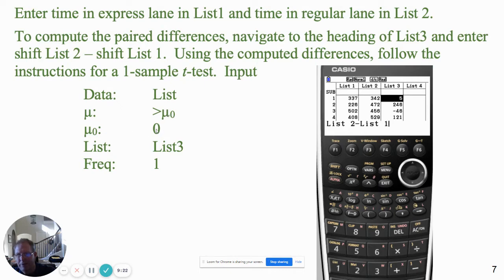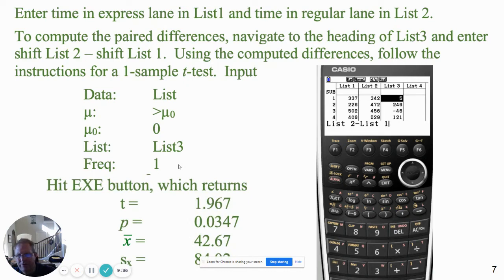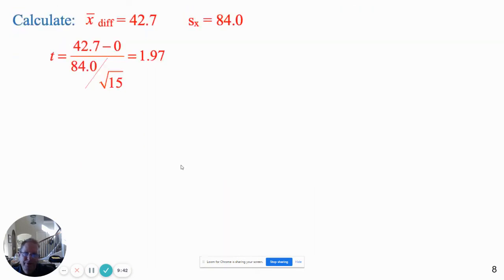The hypothesized value is 0, and make sure that we're using list 3. Our data is coming from list 3 because that's the data that we're using on our calculator. So when I hit execute, it returns the t-statistic, my p-value, my x-bar, and my s of x. So write those numbers on your answer sheet.